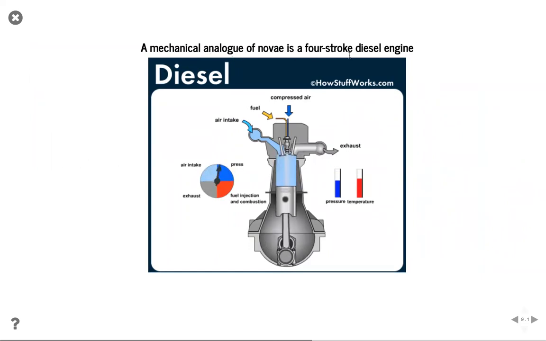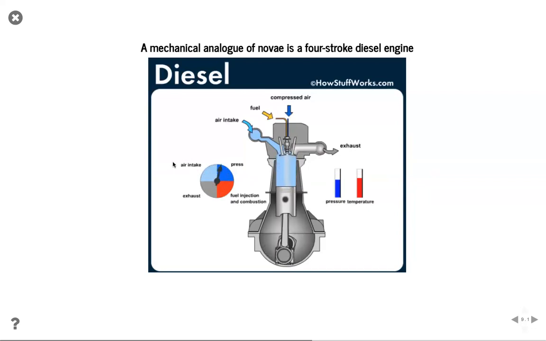There are 4 stages during the duty cycle of this engine. First, we have here blue air intake. Then this air is compressed. Then there is fuel injection and combustion of fuel, and finally exhaust.